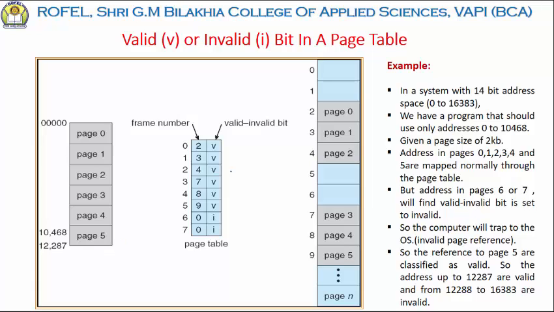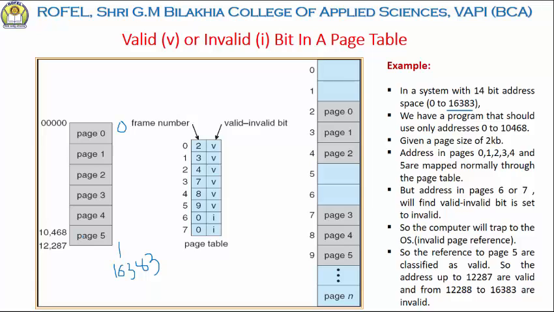Now for example, the system contains 14-bit addresses that provide 0 to 16,383. Now we have a program that should use only the addresses of page 0 to 10,468.